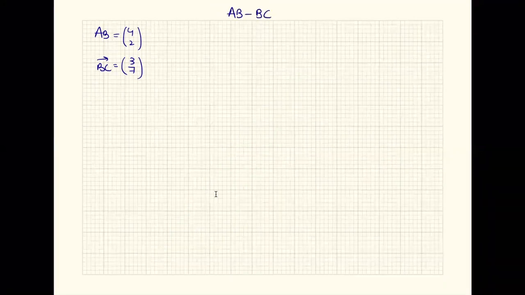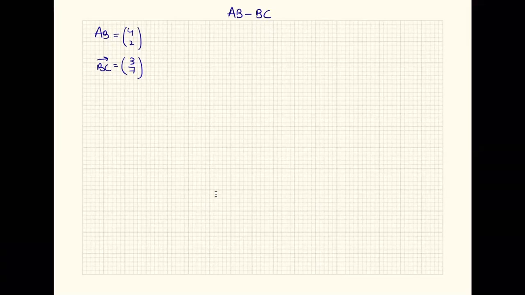if I give you AB as 4, 2 and BC as 3, 7, but this time I want you to find AB minus BC. Okay, AB minus BC.